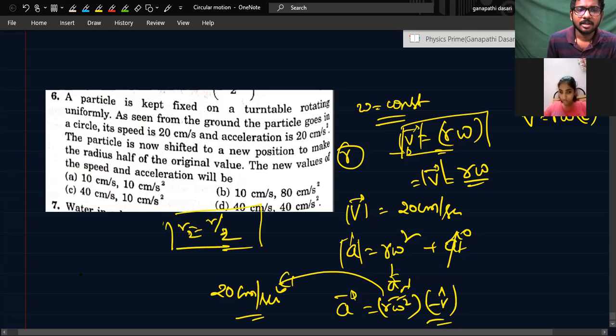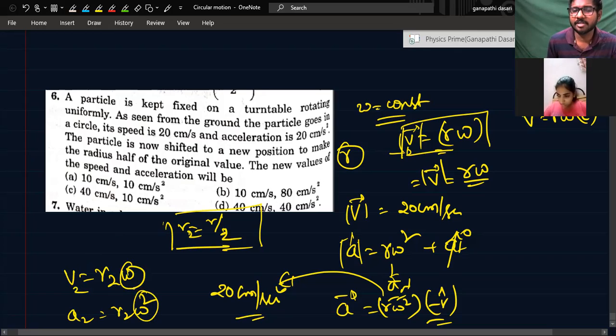Now the new values of speed. Here omega is constant because it is a uniformly rotating body. So v2 is equal to R2 omega, and a2 is equal to R2 omega square. Omega square is not changing from the previous values, only R2 is changing, which is R by 2.